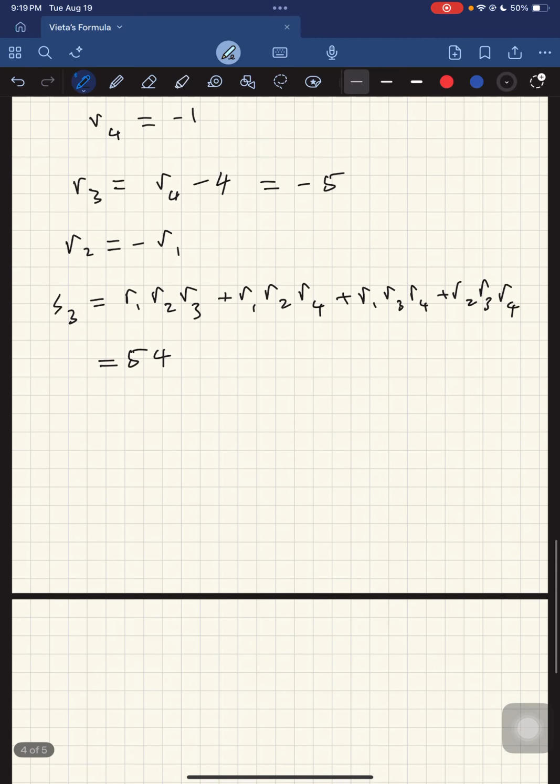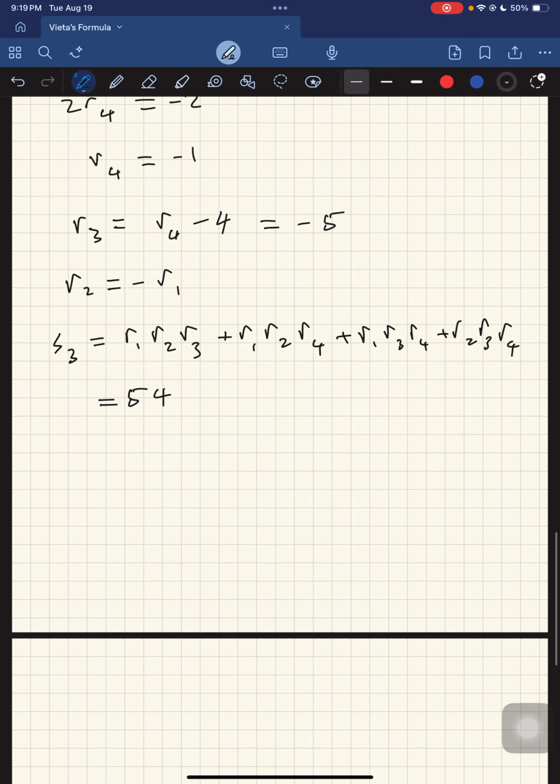Now, we can also substitute in the values of R4 and R3.